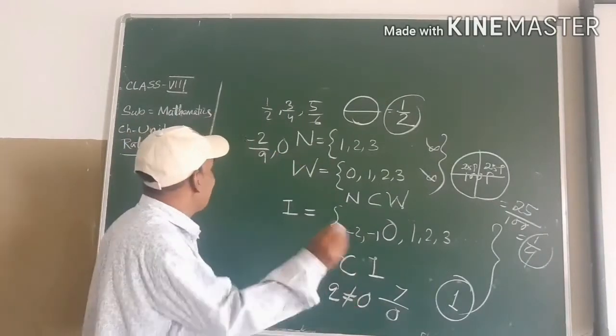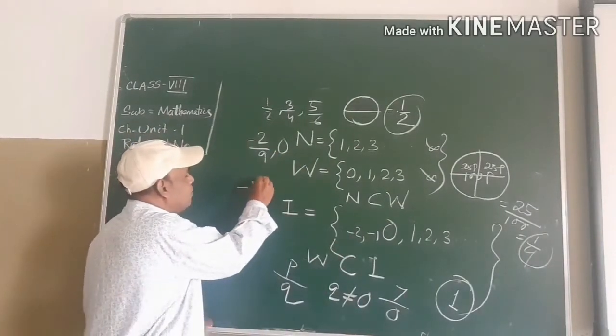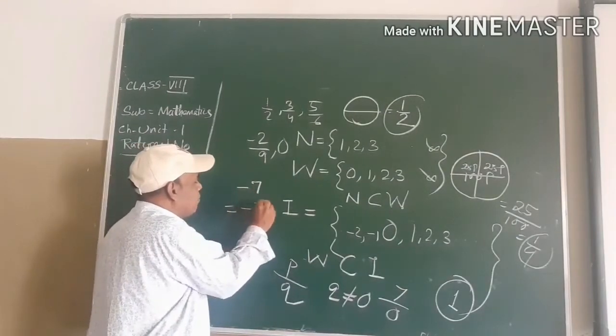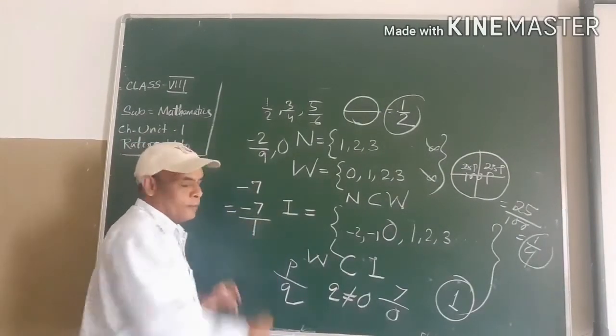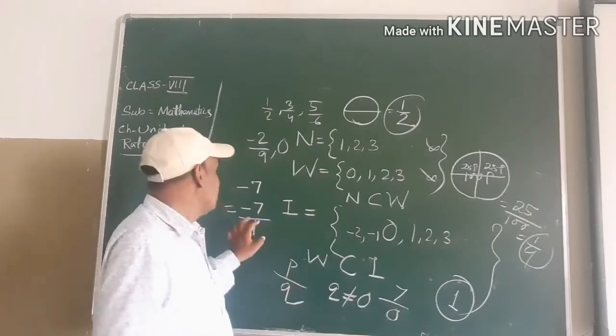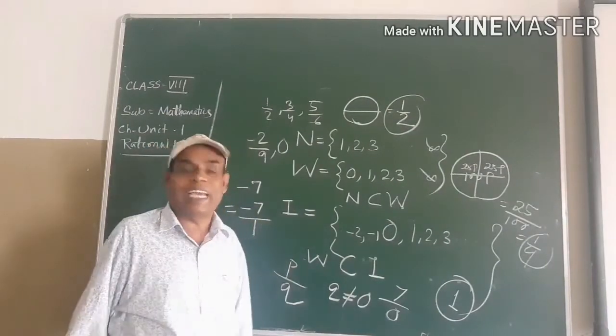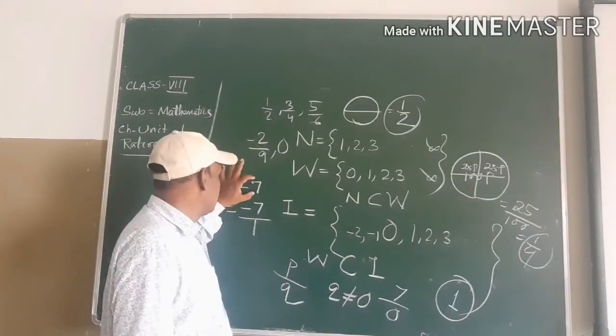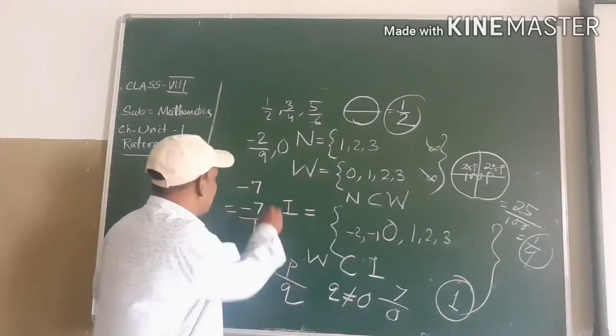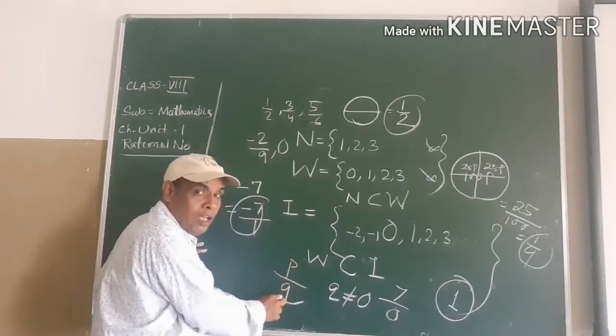Suppose you have -7. So -7 you can write how? You can write -7/1, because I already told you that 0 will not be in the denominator. So you may write -7 is equal to -7/1. So already it is in the P/Q form.